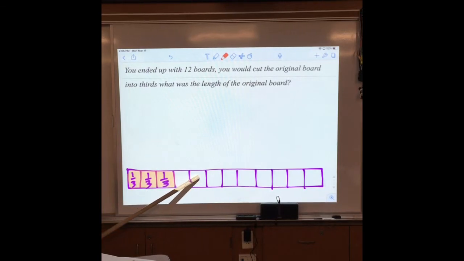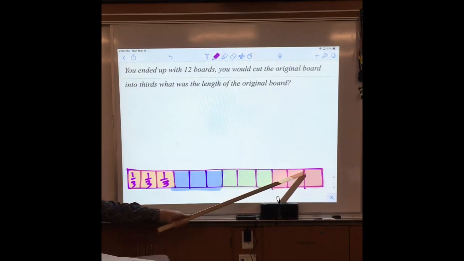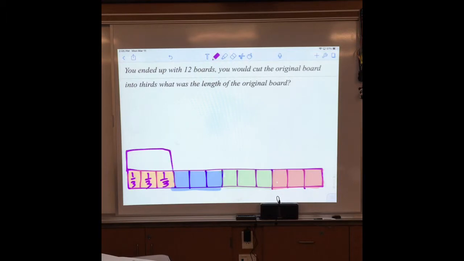I'm going to use different colors for you to show the boards. This is another board, right? So I have my thirds here, my thirds here, my thirds here, and my thirds here. How many boards do I have? I've got 1 board, 2 boards, 3 boards, 4 boards, right?